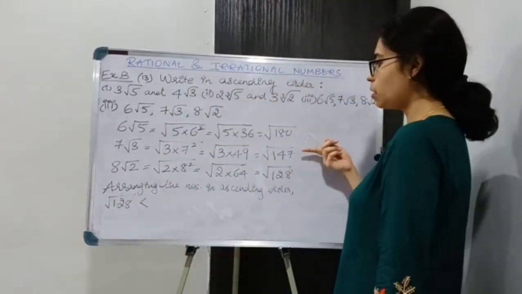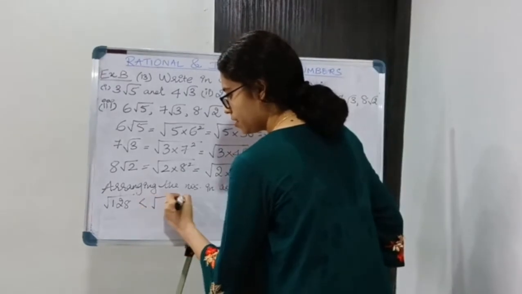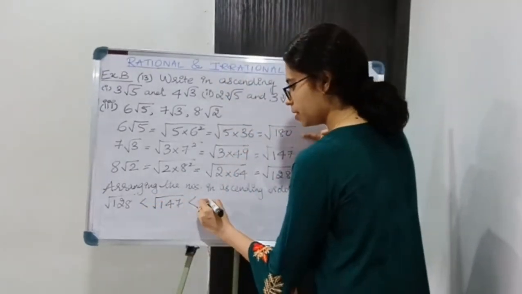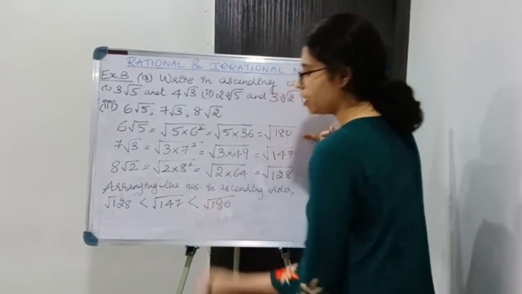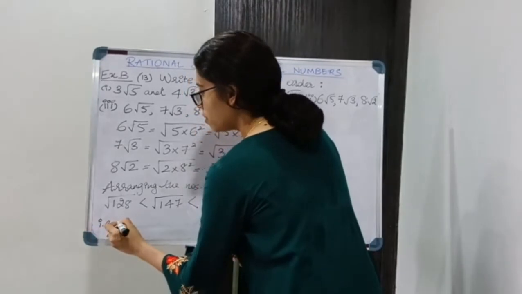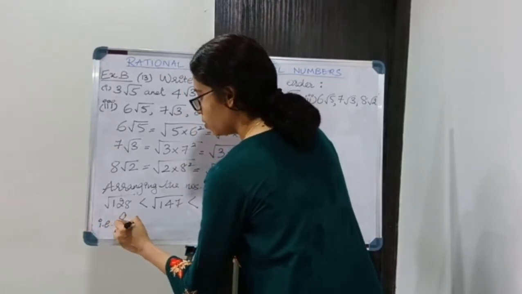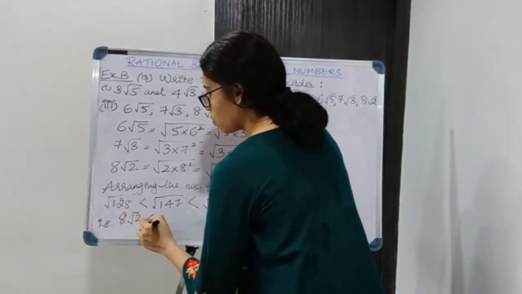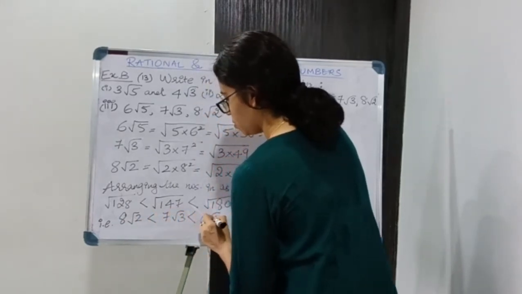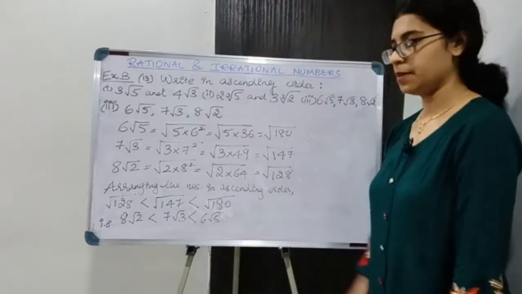Second number is going to be 147. And third, the biggest number is 180. I'll replace it with the original numbers. So I'll get 8 root 2, 7 root 3 and 6 root 5.